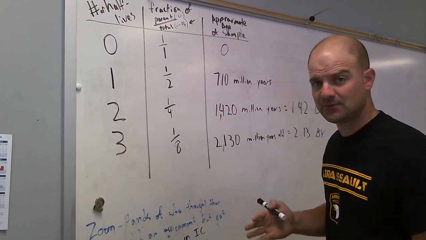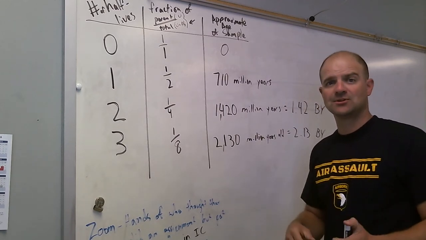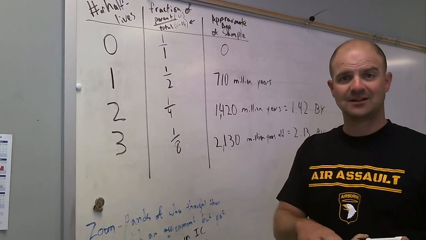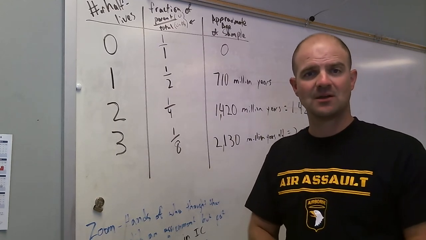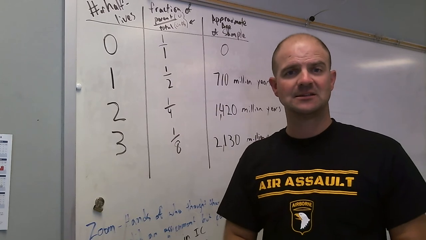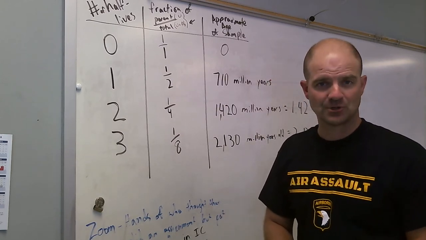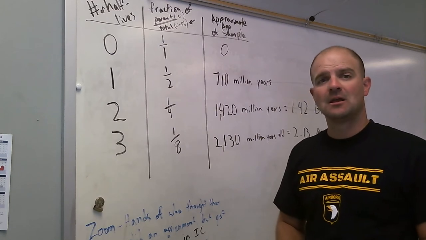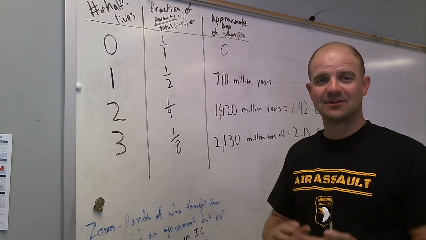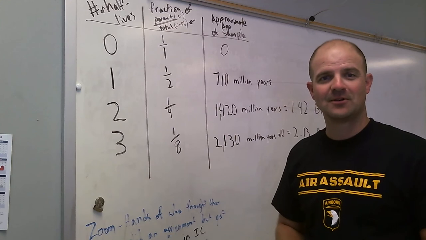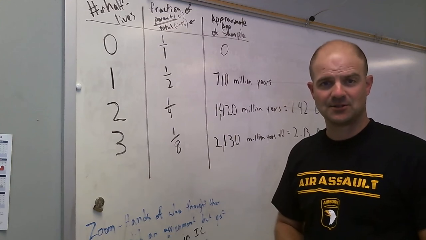So hopefully in this video you understand that the uranium to lead decay series is one that is relied upon by scientists to determine the age of rocks that contain zircon crystals. The whole way it works, you have to know the half-life of that uranium parent isotope.